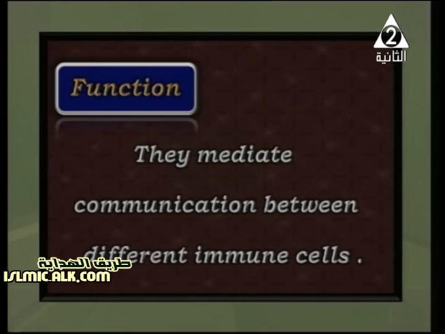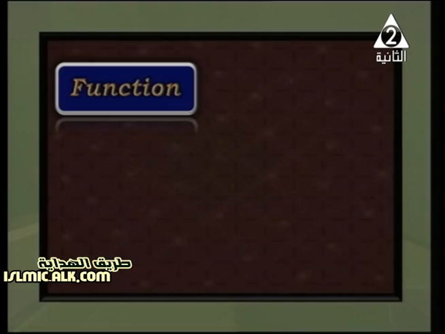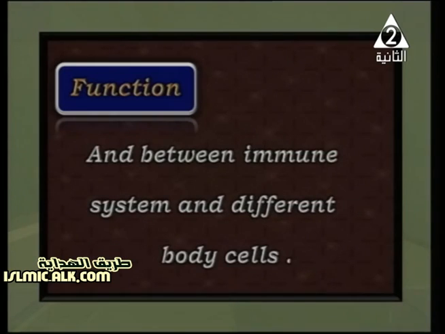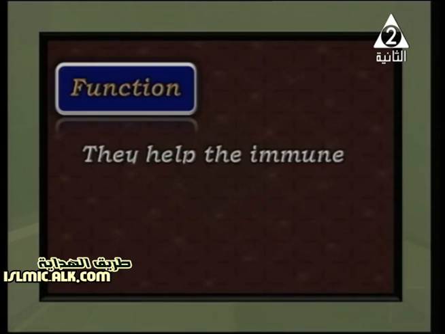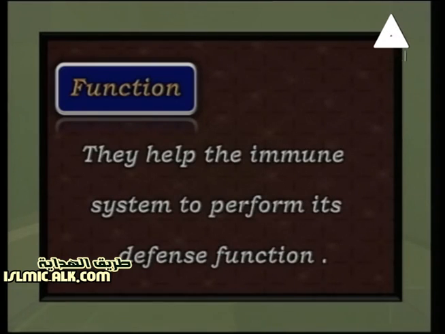How can we collect it together? The different parts of the immune system reconnect together with the help of interleukins inside your body, and also between the immune system and different body parts. After that, they help the immune system to perform its defense function.